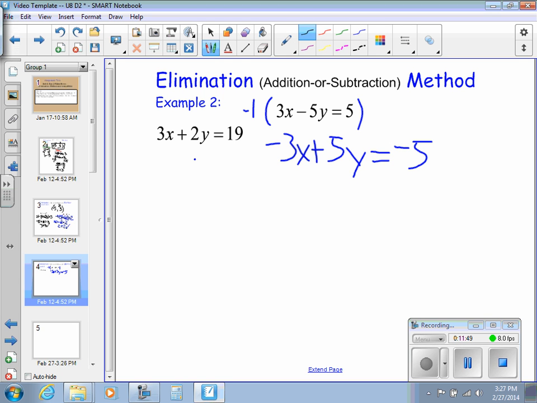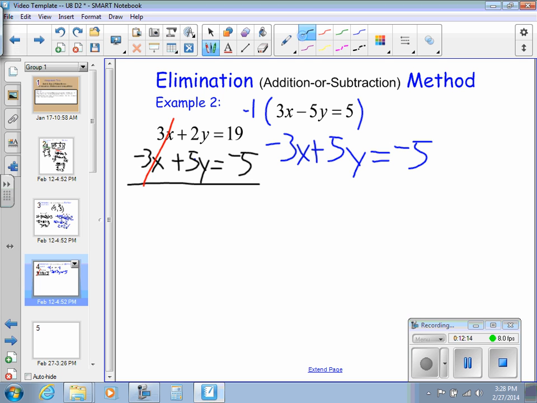And now I'm going to write this out. I have negative 3x plus 5y equals negative 5. And now we will go ahead and add them together. When we do so, the 3x minus 3x, those cancel.